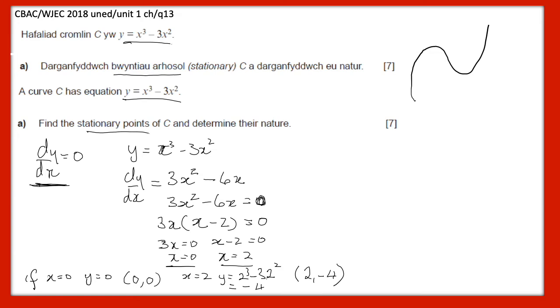I can actually tell that the 0, 0 point is my maximum point and the 2, minus 4 is my minimum point, but because we're under exam conditions, we do need to prove it, and typically we know there's a number of different ways of doing this.